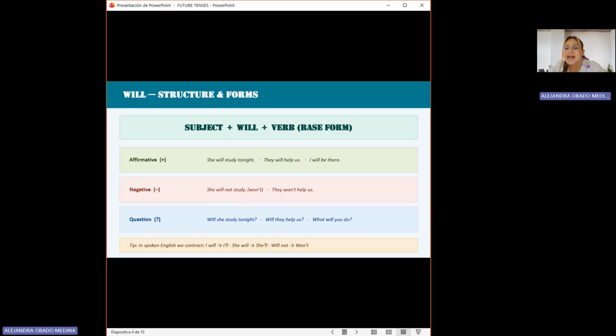Will she study tonight? Will they help us? And what will you do? In this case, we just move will to the front, the first. Es decir, en este caso cambiamos la estructura: primero will y luego el sujeto.